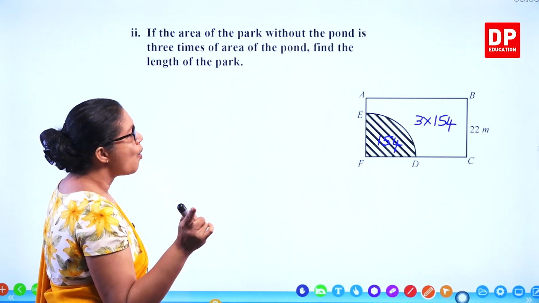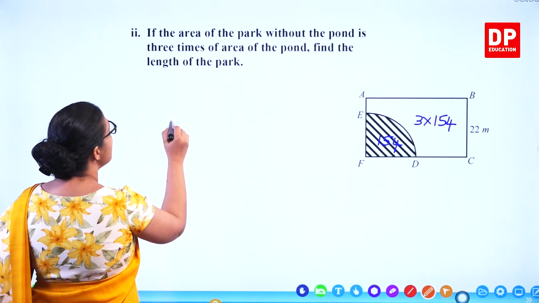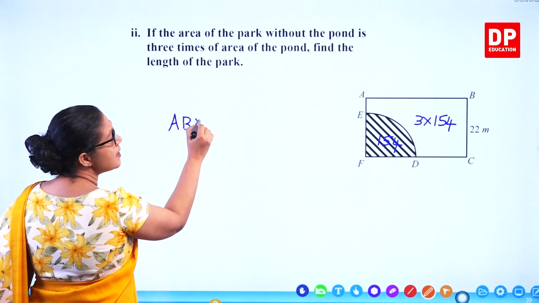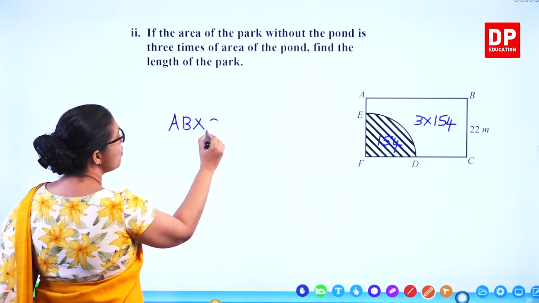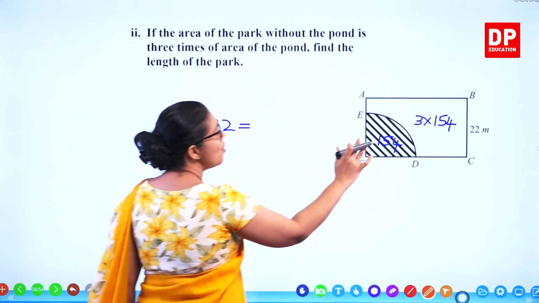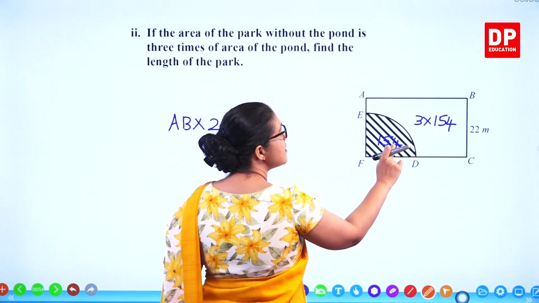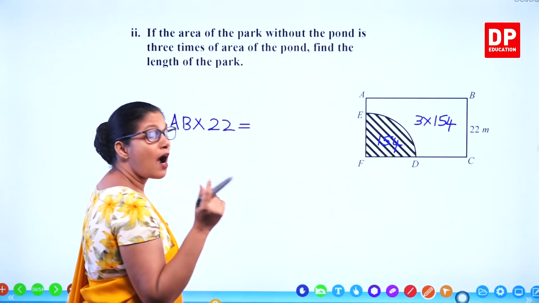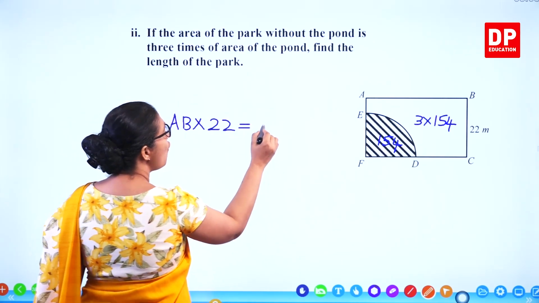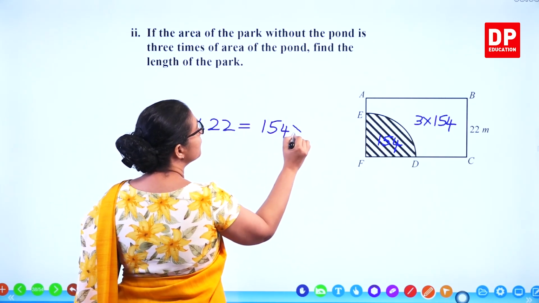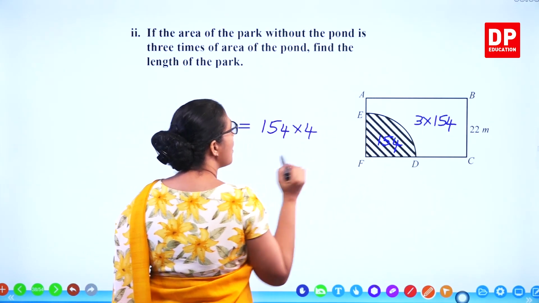Length into width. So AB is the length and width is 22. That's equal to the area here. So 154 here, this is 1. So altogether 154 times 4. 4 parts are there, 3 and this one.